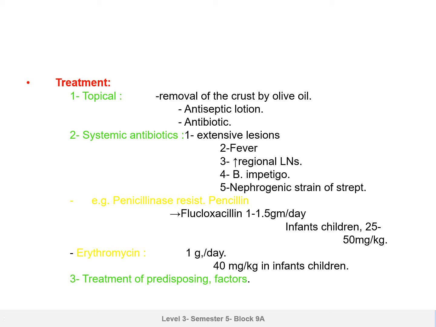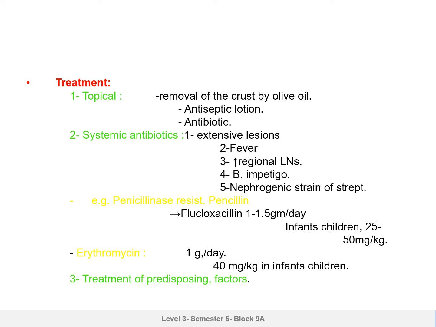Number one, penicillinase-resistant penicillin like flucloxacillin, 1 or 1.5 grams per day. In case of infants and children, you can give 25 or 50 milligrams per kilogram per day. In case of any sensitivity to penicillin, you can use another antibiotic called erythromycin, which is safe for treatment in case of pregnancy, lactation, children, or sensitivity to penicillin.